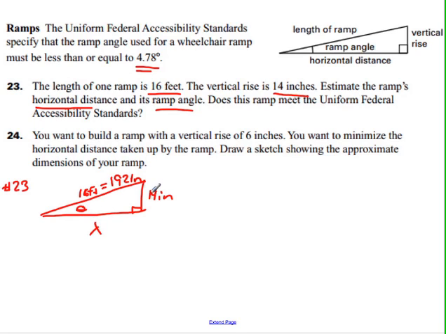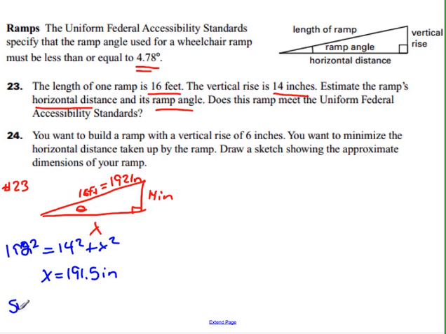So in this case, I can just use the Pythagorean theorem using 192 squared is going to be equal to 14 squared plus x squared. In this case, I would get x to be approximately 191.5 inches, almost as long as this piece here, just because we're dealing with it being much longer.